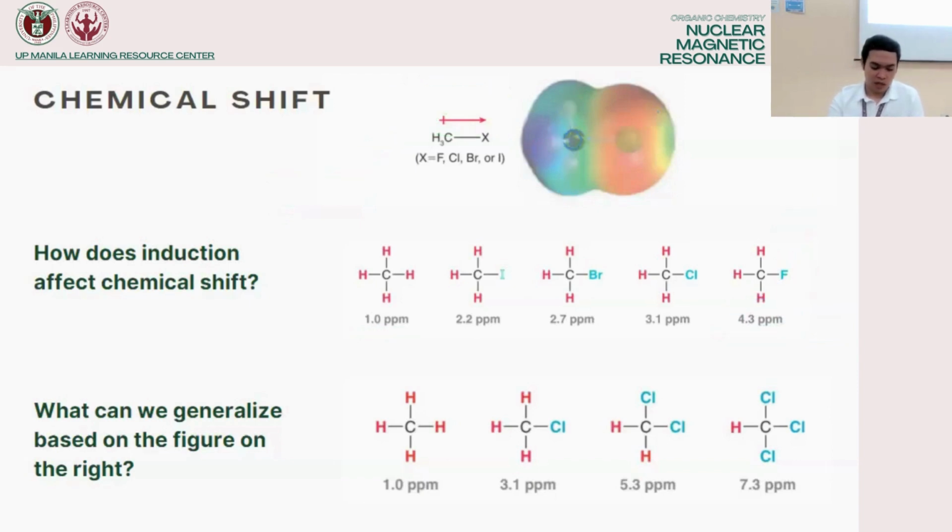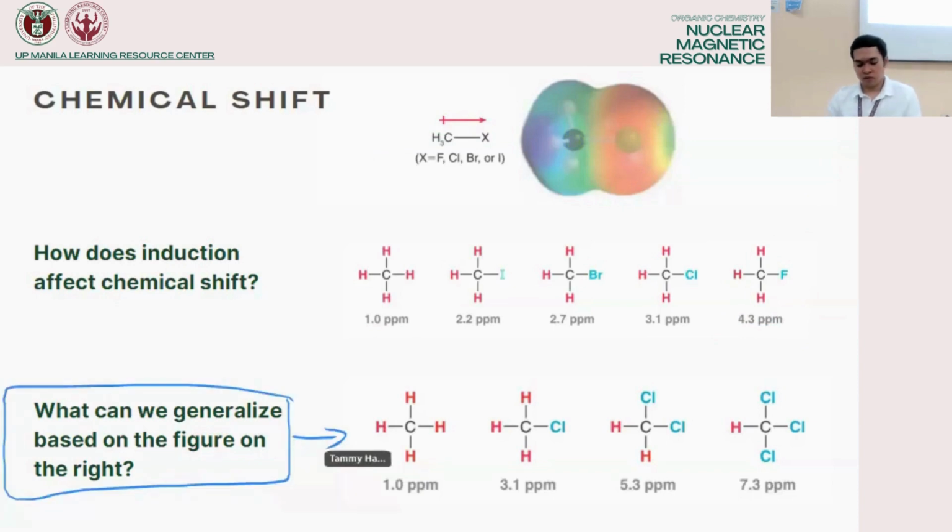What can we generalize based on the figure on the right? I added chlorine, it became 3.1. I added another chlorine, 5.3. I added 3 chlorines, 7.3. What happened?